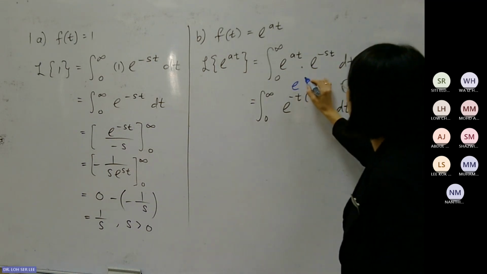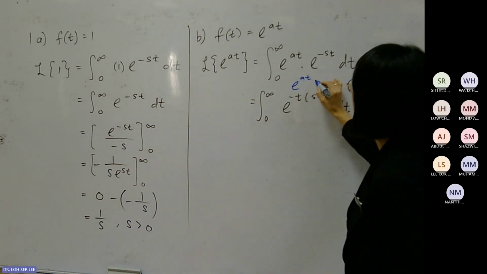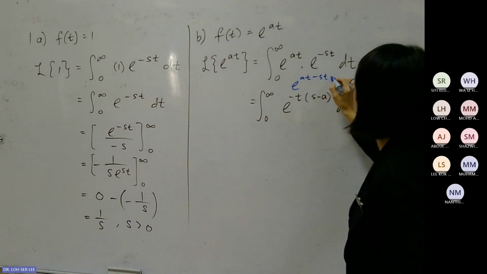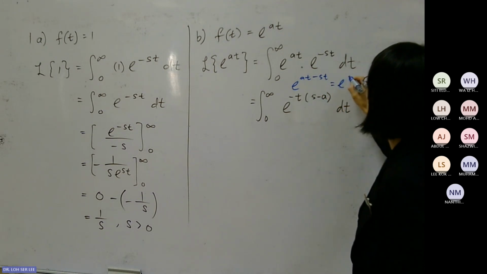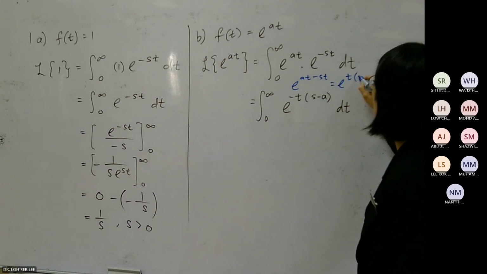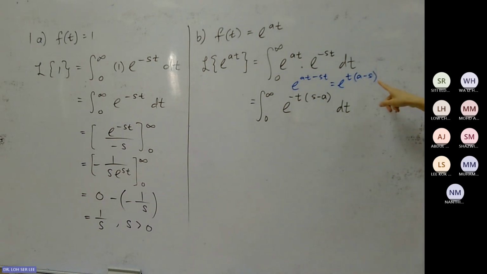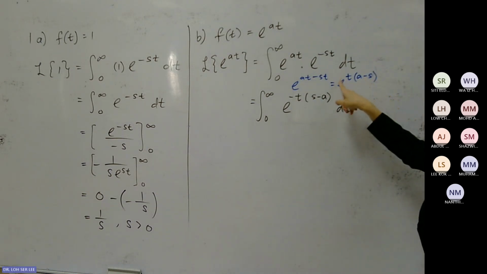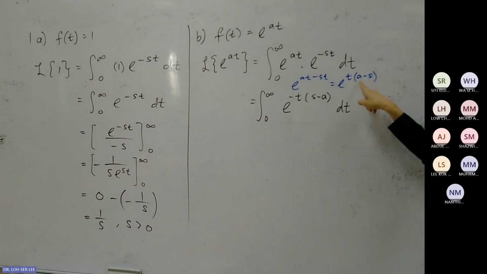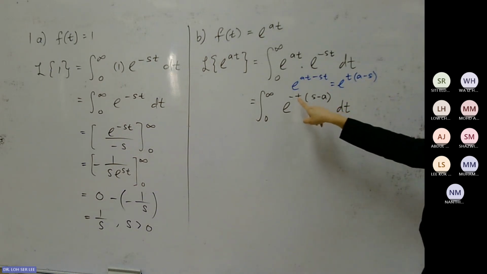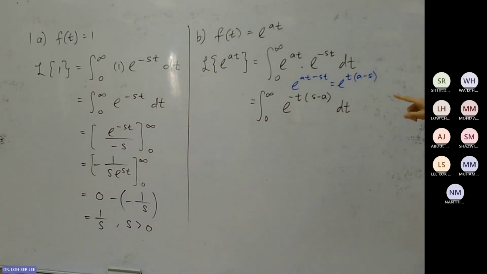You can combine into e to the at minus st. That's when you factorize a negative, which is why you get s minus a here. Why do we need the negative here? Later I will explain.